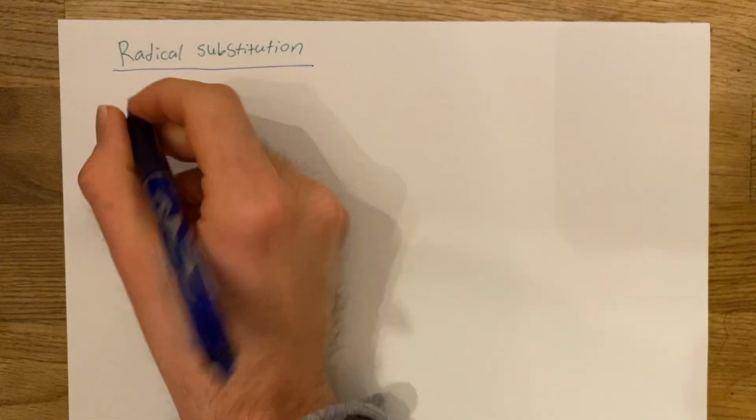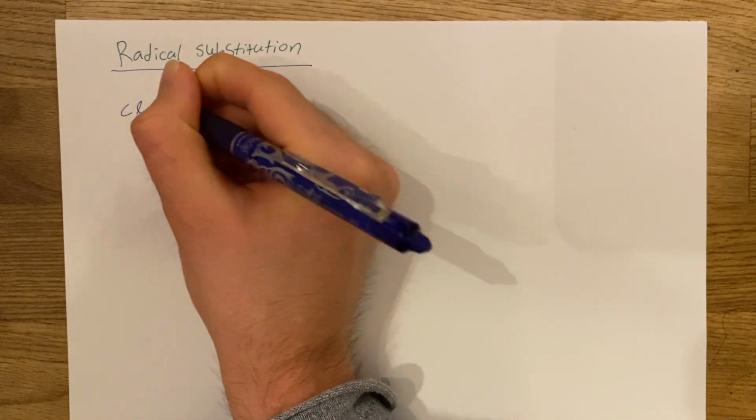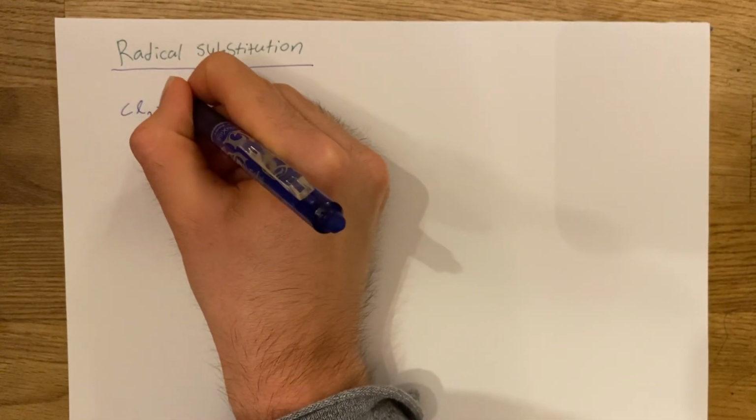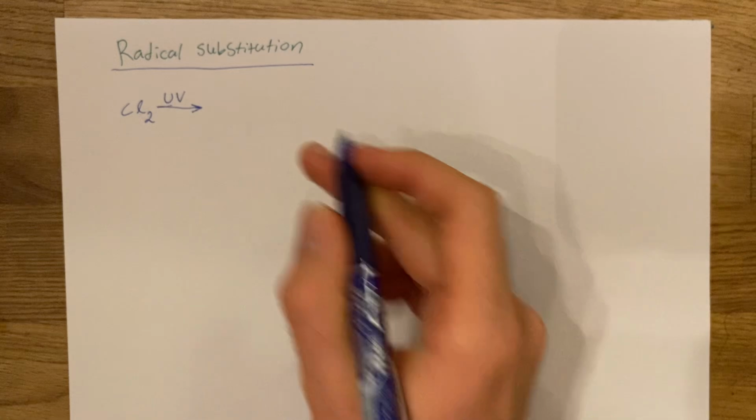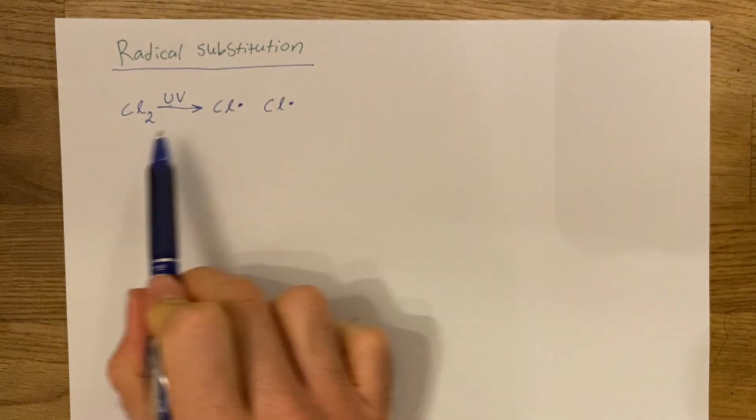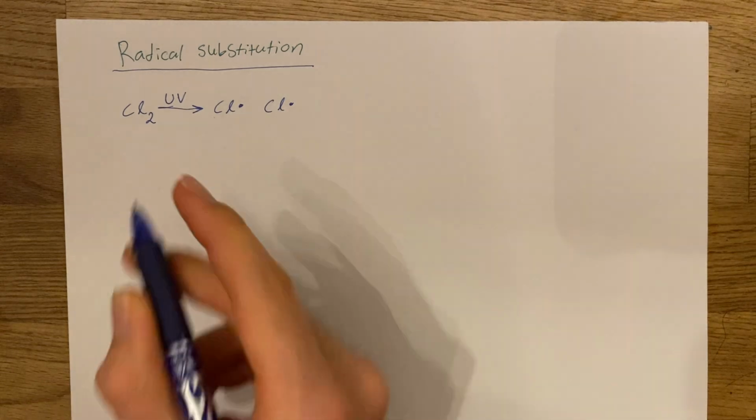A radical is a molecule with a lone electron, and they can be formed when UV light interacts with that molecule, for example here with a chlorine molecule, resulting in chlorine radicals.